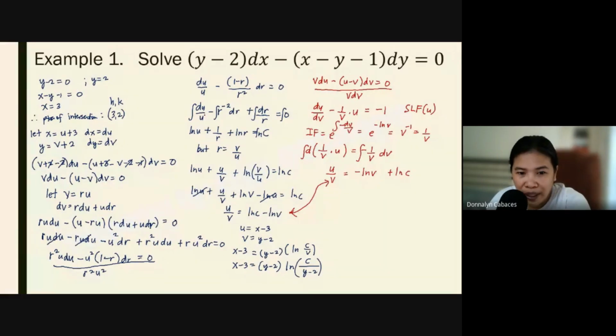So you will be providing this long solution. But once you have recognized that it is a linear DE, then you will just have this short solution. And in the end, you will also have the same result or solution to that differential equation.